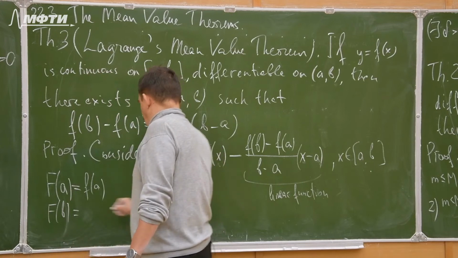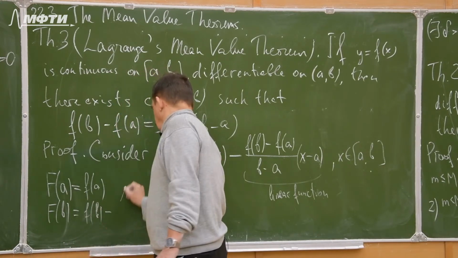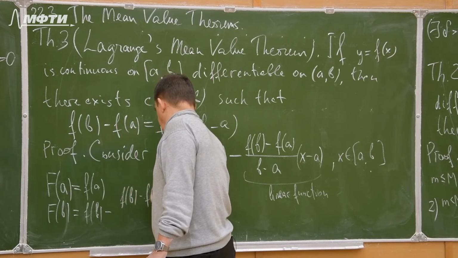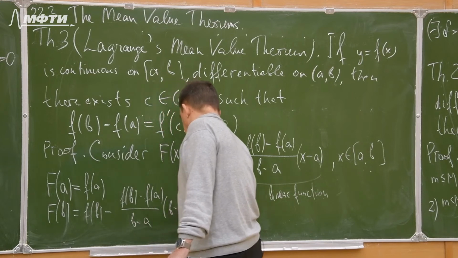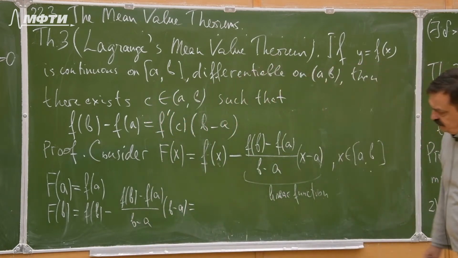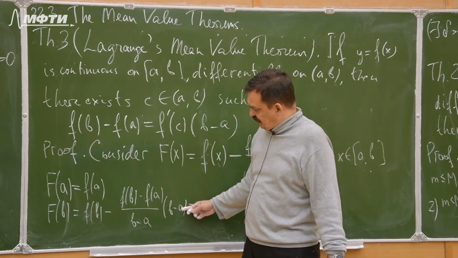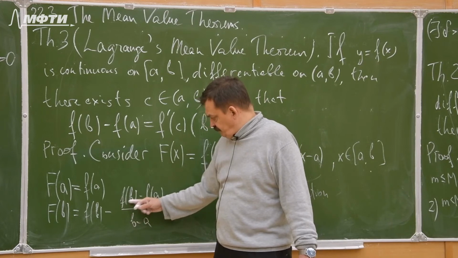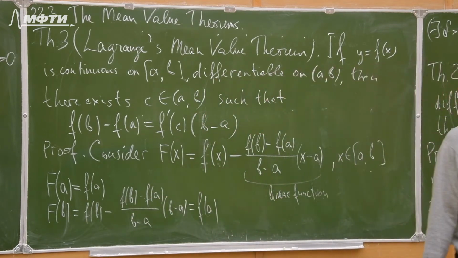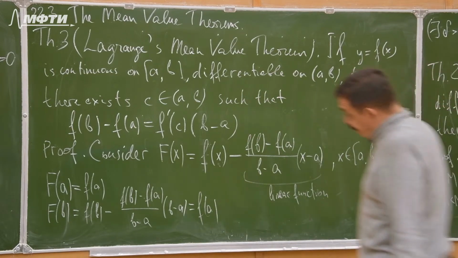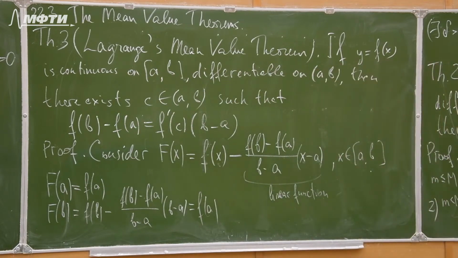It will be f of b minus f of b minus f of a over b minus a times b minus a. If we substitute x equals b, then b minus a we cancel, so f of b is cancelled, and once again we have f of a. So capital F has equal values at the ends of the interval.